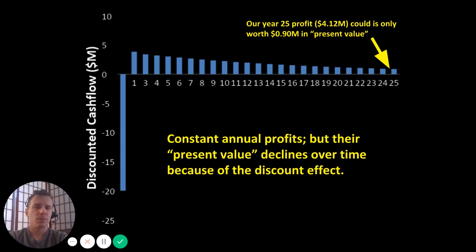And as that t gets bigger and bigger, the present value of the annual profits of $4.12 million gets smaller and smaller and smaller. So over time, the present value of profits declines as a result of discounting. And the present value of profits way out into the future are a lot less than the present value of profits that are in the near future, for example, in year 1, 2, 3, or 4.